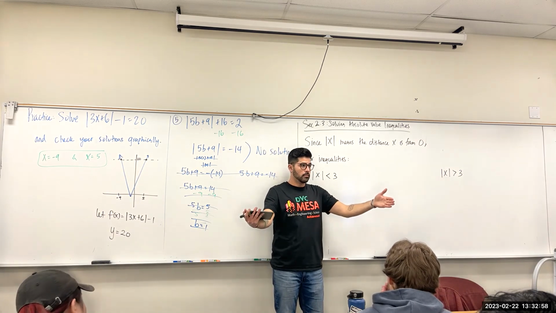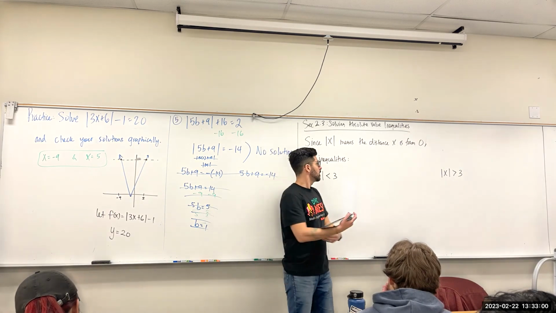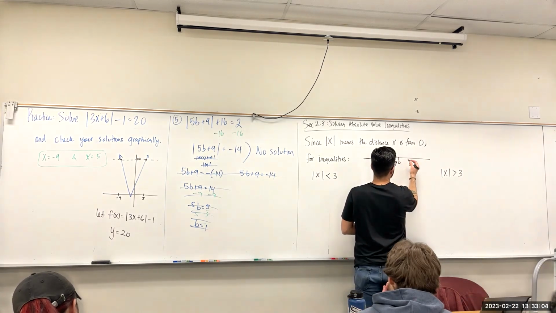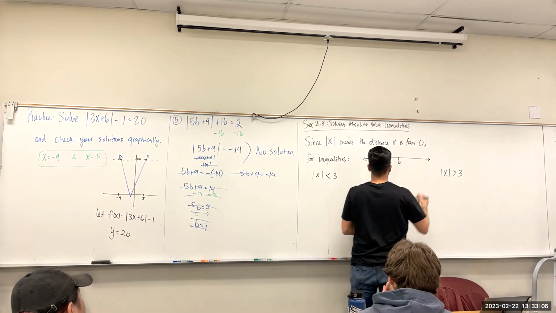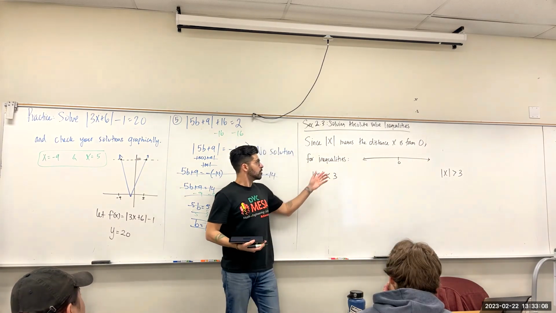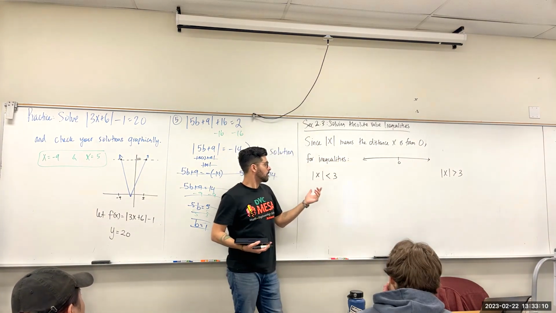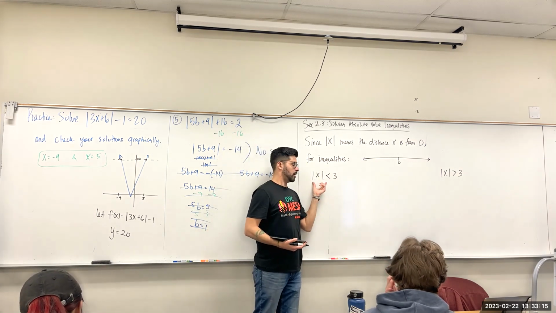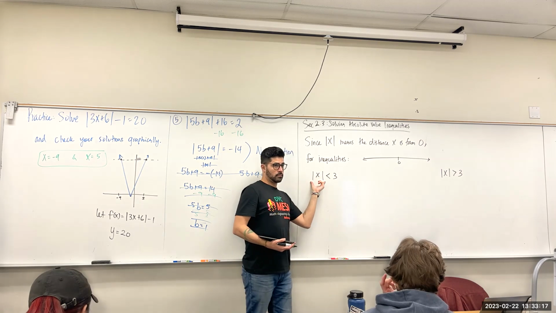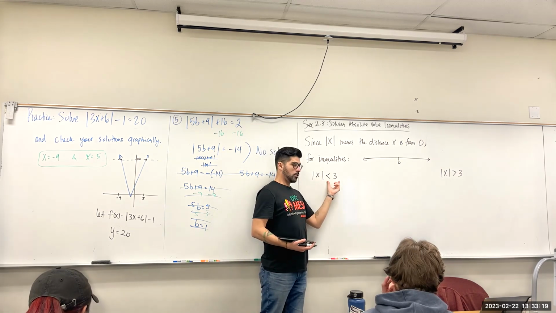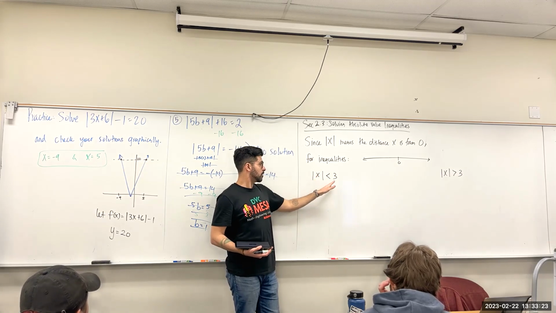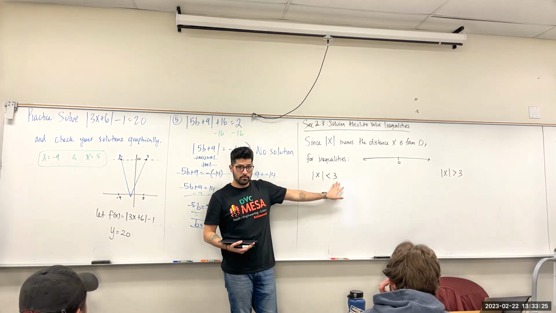Let's put a number line here to help you out. Here's 0. So in English, using this distance definition, what do you think the inequality is asking me to find? Distance from 0 that's less than 3. You want to find all the numbers whose distance from 0 is less than 3 units away.